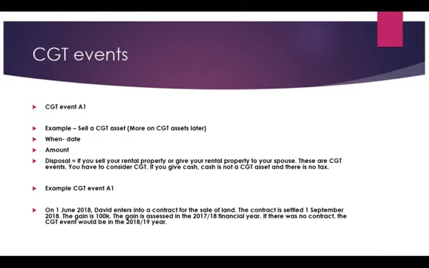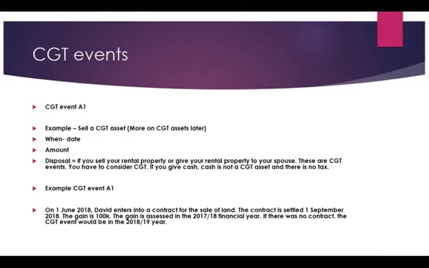So if you were studying this for your exams, if you see a date of contract on the exam, that's the date that you highlight. And finally, this CGT event A1 is going to tell us the amount. In this case, it's going to be the sales price less my cost base. So CGT event A1, very common for my clients.